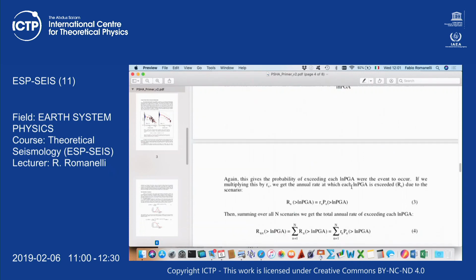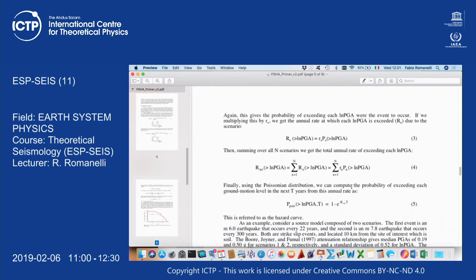Now, what's next? Now the probabilistic flow: we were in the third block in the scheme. Let's go back and remember the different magnitudes at different rates, the GR law. So any event giving a probability larger than a value of PGA is weighted by its annual rate. Now, for all the events, it's probabilistic.